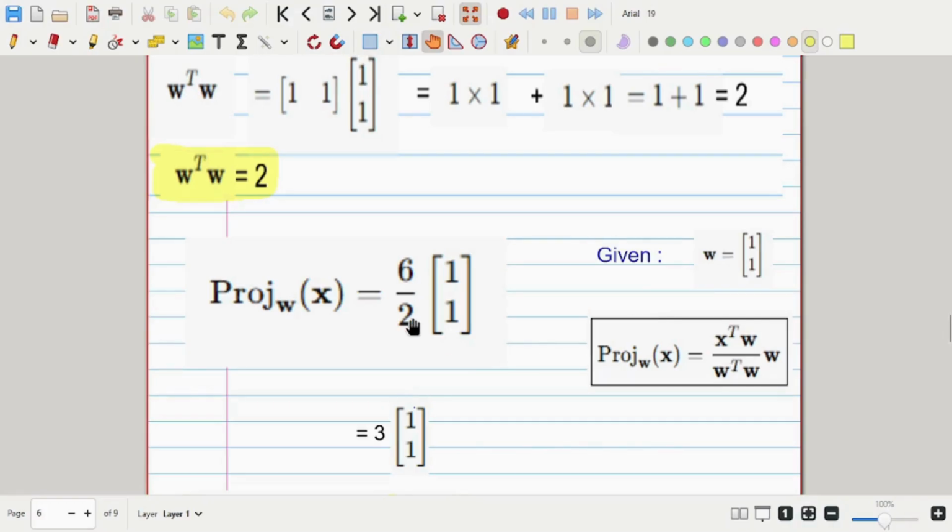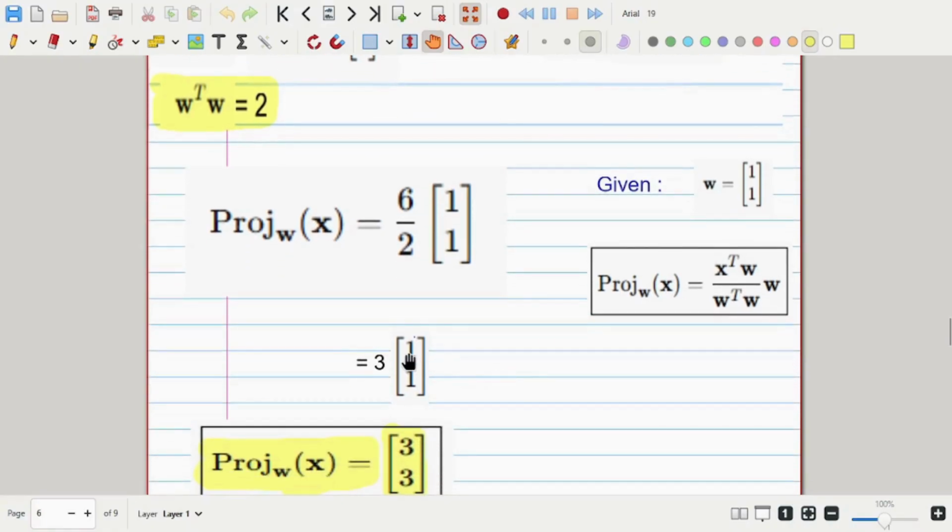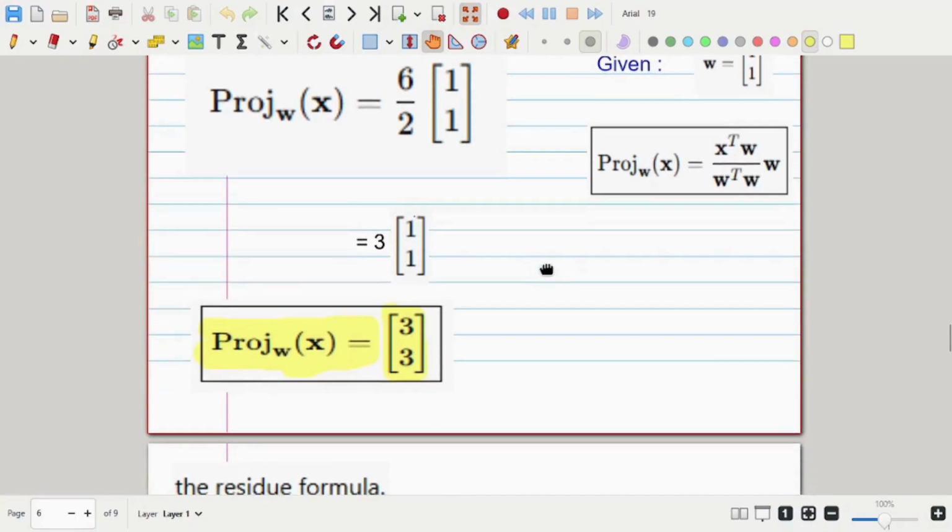So 6 by 2 means 3. Therefore 3 into column vector 1 and 1. So 3 into 1 means 3 and 3 into 1 means second entry 3. So the projection of x onto W is the column vector 3 and 3.